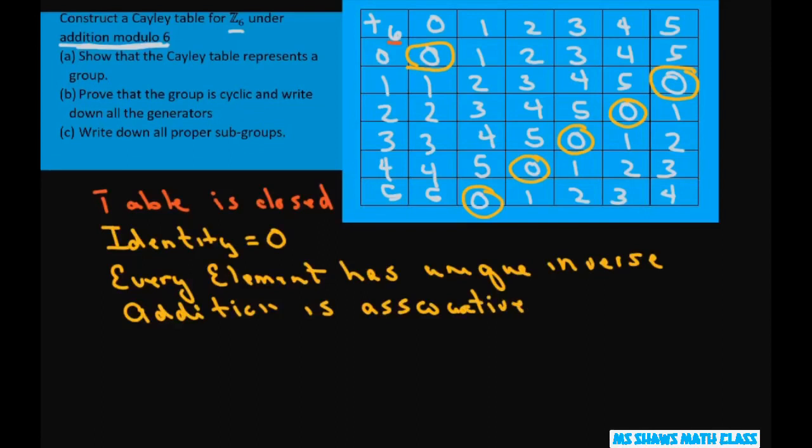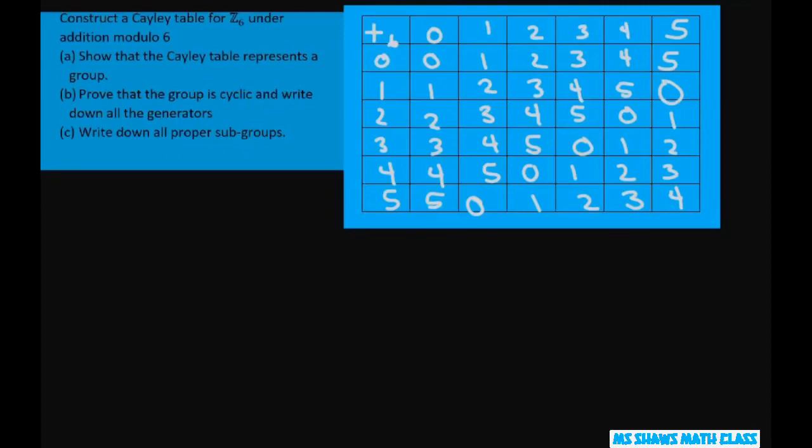All right. Prove that the group is cyclic and write down all the generators. So the order of our group here is 6. So we need to find an element that has an order of 6. And the way you do that is you take the numbers, and I'm going to take 5.